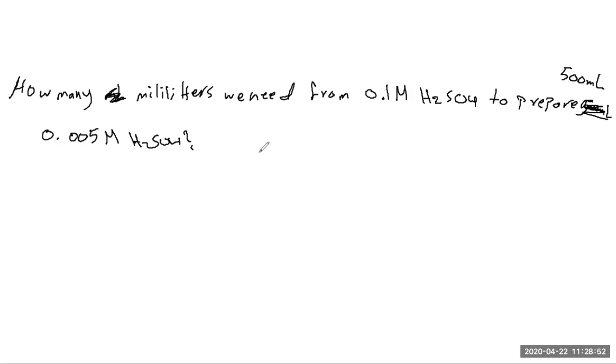We know that M1V1 equals M2V2. The M1 here, 0.1, is the stock solution, the larger concentration. Or it doesn't matter, by the way. It will be the same calculation. You will do the M1 0.1 or M2 0.1, it doesn't matter.